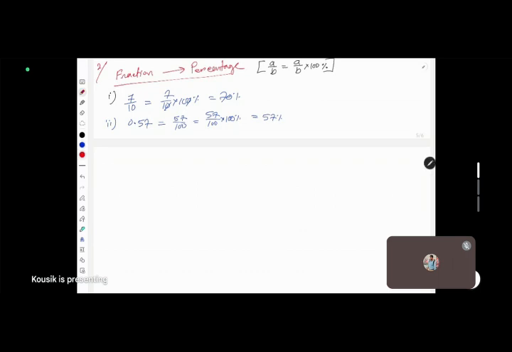In fraction, if someone says 2/3 of 120 is equal to কত করতাম আমরা? না, পার্সেন্ট নয়, আমি জাস্ট জিজ্ঞাসা করছি, 2/3, this is fraction. 2/3 of 120, how we calculate it?